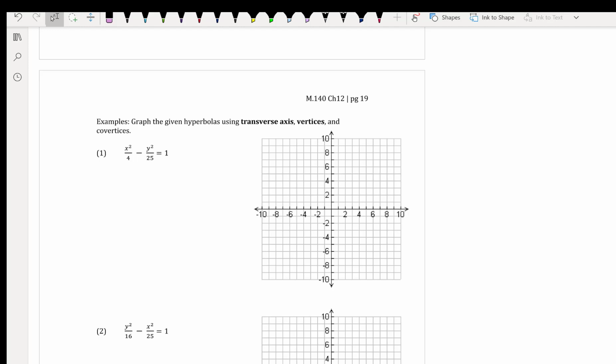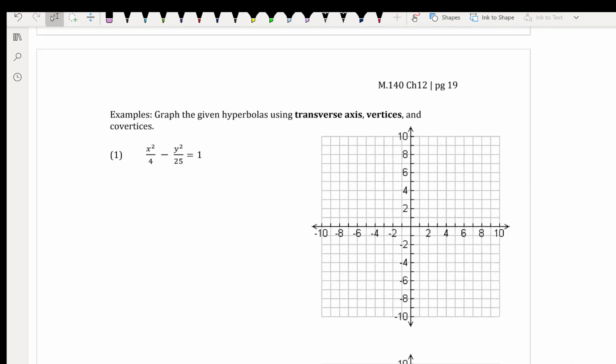So it says, graph the given hyperbolas using transverse axis vertices and co-vertices. So you're just like, okay, well, I know for a fact, at the very least, that my center here is going to be at 0, 0. So might as well just draw it. 0, 0.